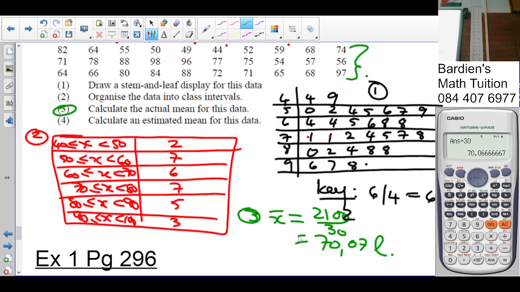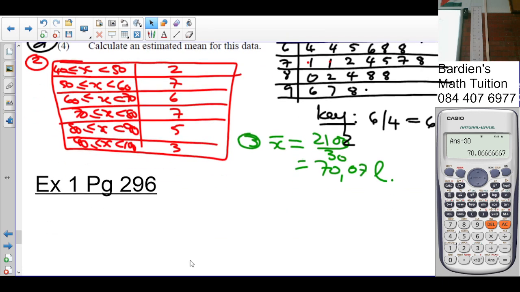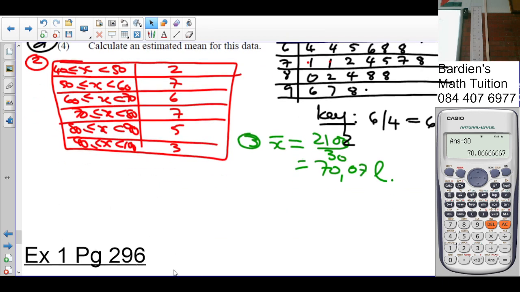Okay, people, number 4, remember this is question D, says calculate the estimated mean for this data. Can you see now we must go into the other one. So how do you work out the estimated mean? You must work out the class midpoints first. It's 45, 55, 65, 75, 85, 95.